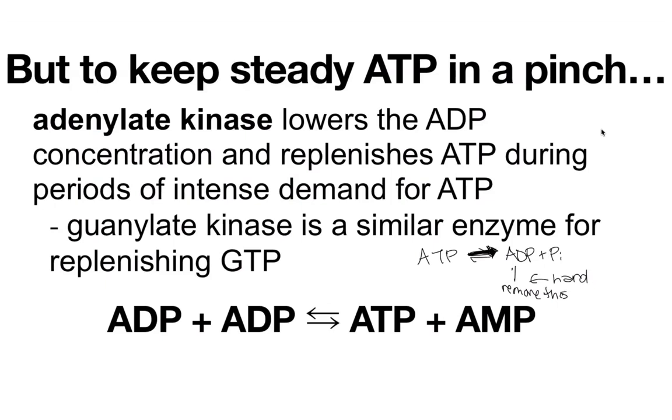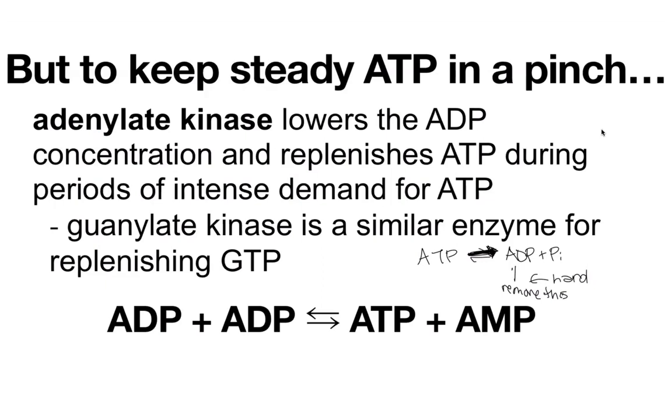So we wouldn't want to use this strategy for long, but what we can actually do is take two of those ADPs and use them to make more ATP with this adenylate kinase. So we take these two ADPs and we make ATP plus AMP. We're able to make our ATP, but we're also making it harder to make more ATP in the traditional way.